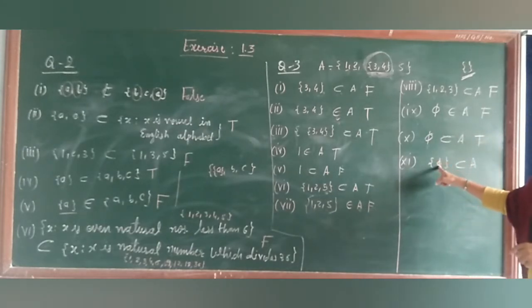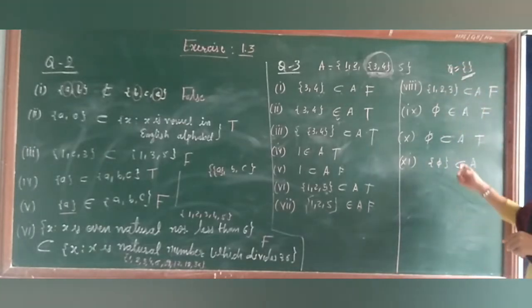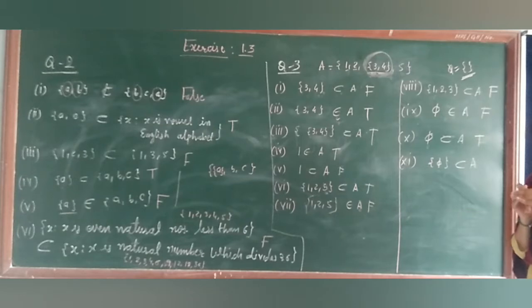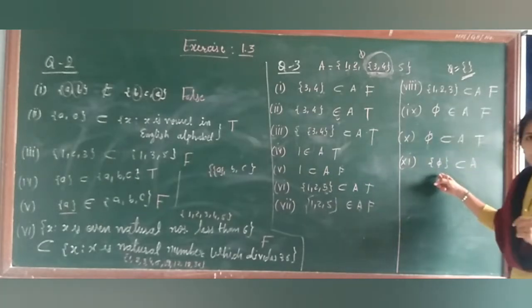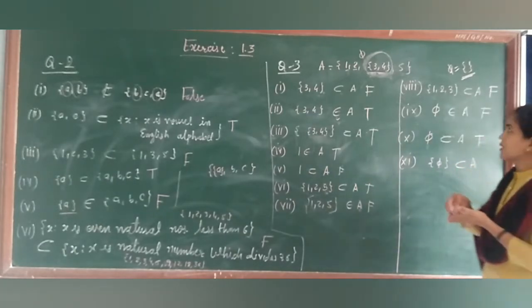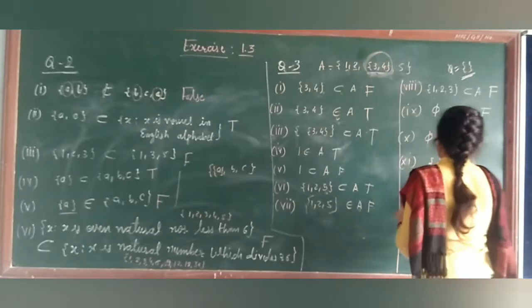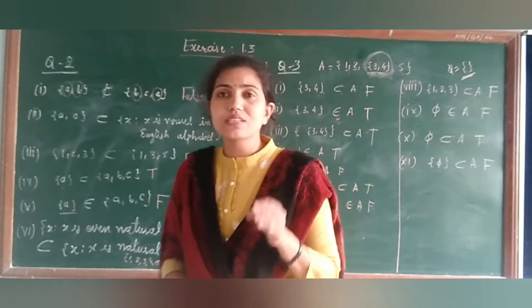If you have written 5 in a curly bracket, then wrong, 5 is actually an element, so there is no need to enclose it in a curly bracket. Yes, if you have 5 here, then you should write it like this, in a curly bracket 5 will be a subset of A, but it is not there, so this statement is also false.